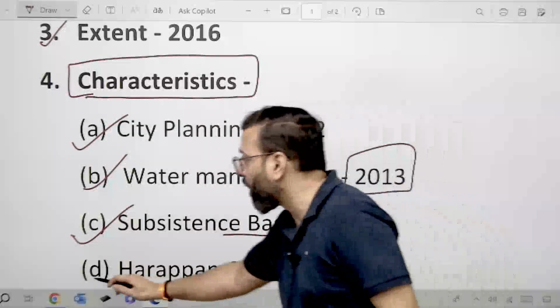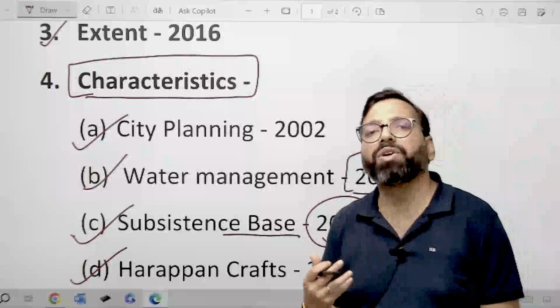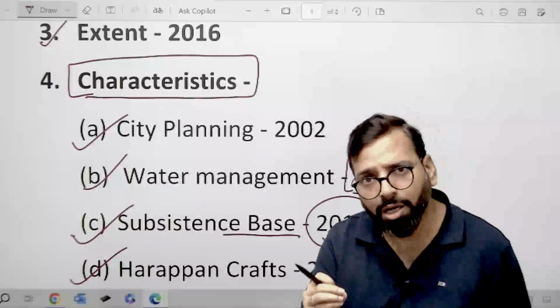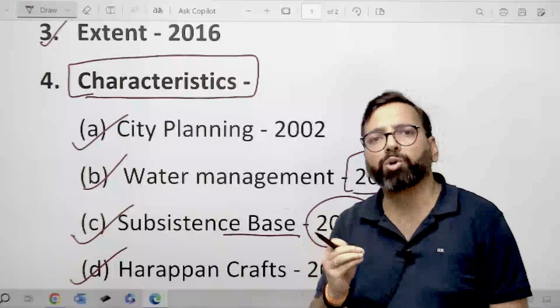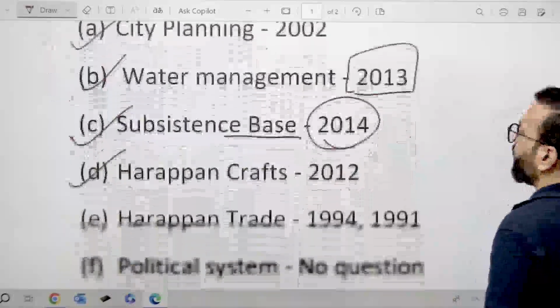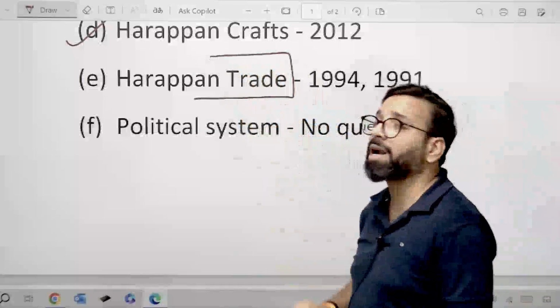Then what type of crafts they cultivated, especially seals. Harappan seals are very prominent and a distinctive artifact of the Harappans, and that becomes a very prominent question for your exam. UPSC has asked about Harappan craft as well. Then in economy you have the third dimension, that is trade.